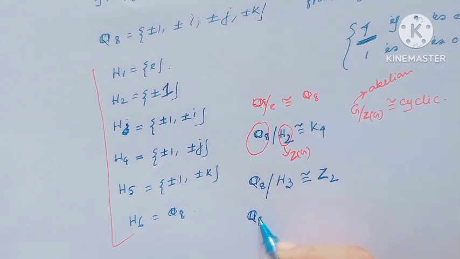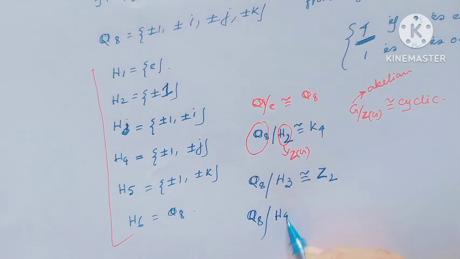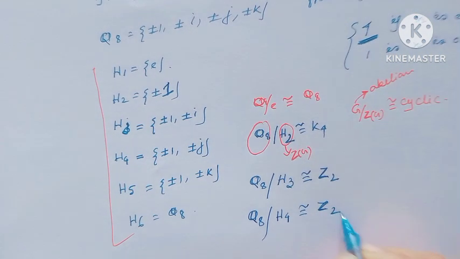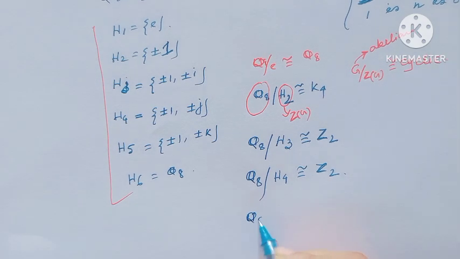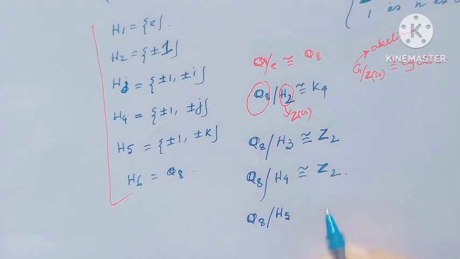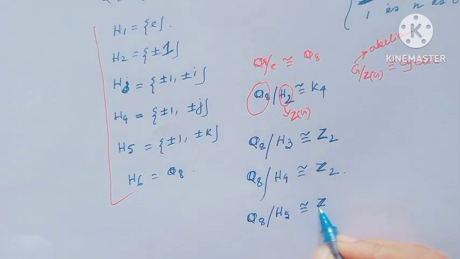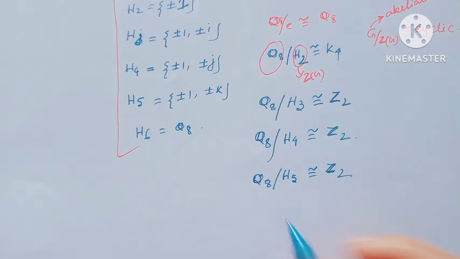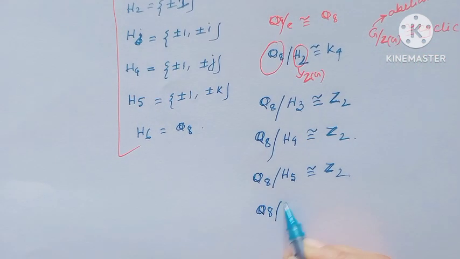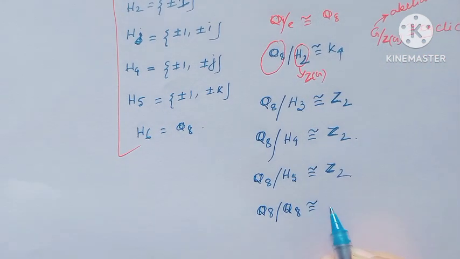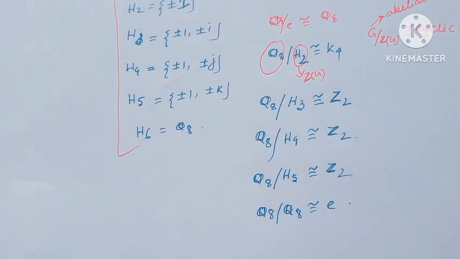Q8 modulo H4 is also isomorphic to Z2. Similarly, Q8 modulo H5 is also isomorphic to Z2. And Q8 modulo Q8 is isomorphic to the trivial group.